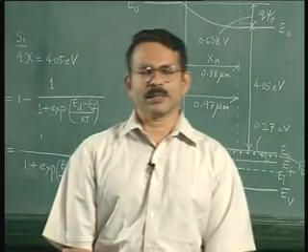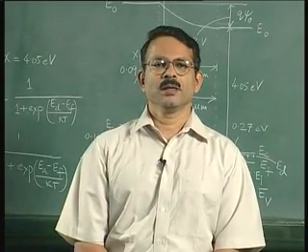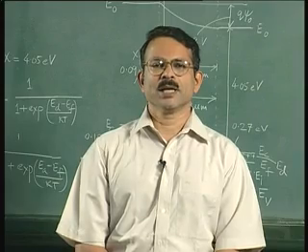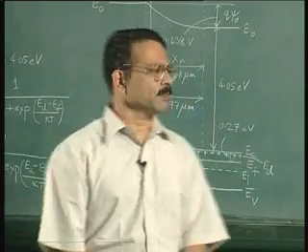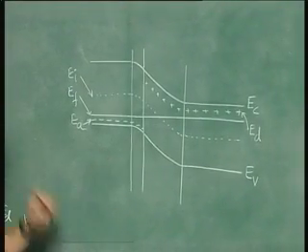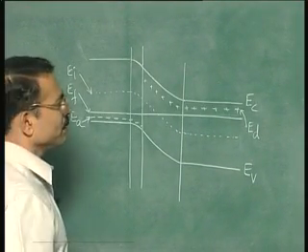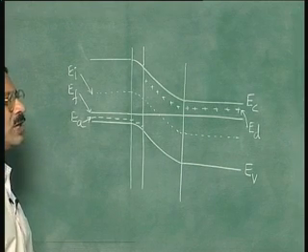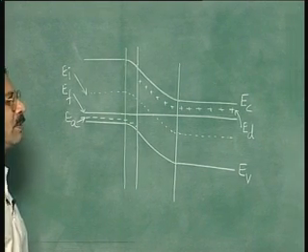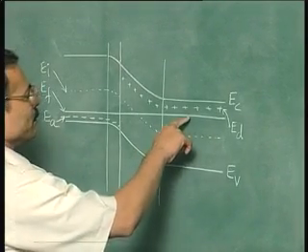Now let us summarize how the information given by the 5 basic equations is reflected in the energy band diagram. Let us look at this picture. The fact that Jn equal to 0 and Jp equal to 0, that is information from the transport equations, is reflected in the fact that the Fermi level is constant.